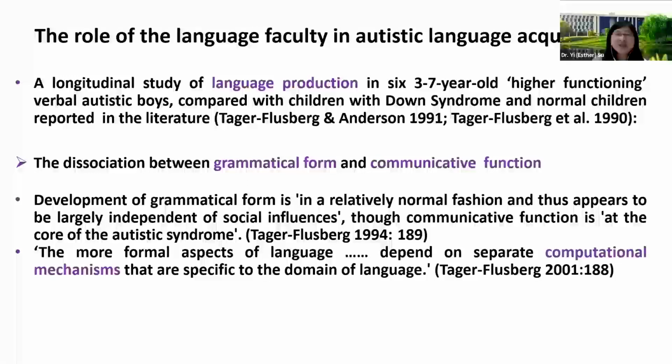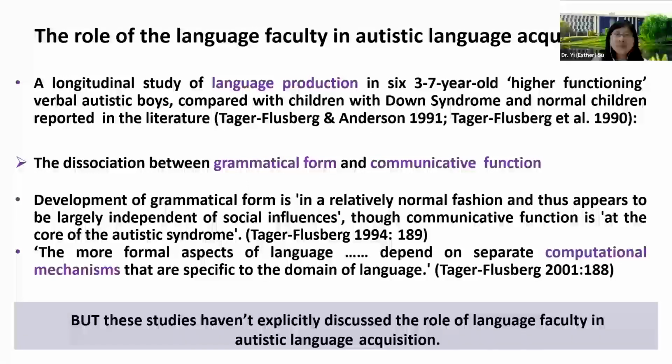However, she didn't explicitly discuss the role of the language faculty in autistic language acquisition. Although they found that children with autism have strengths in producing grammatical forms, they haven't related this phenomenon to the role of the language faculty in autistic language acquisition.